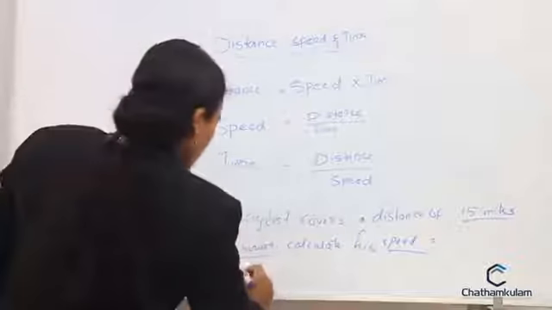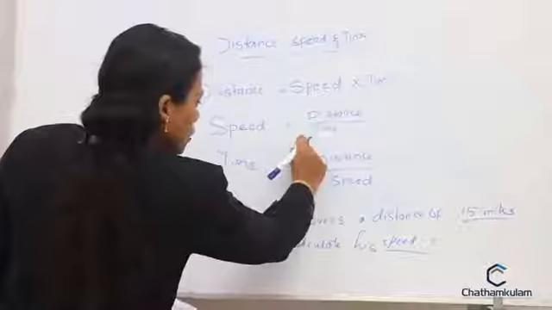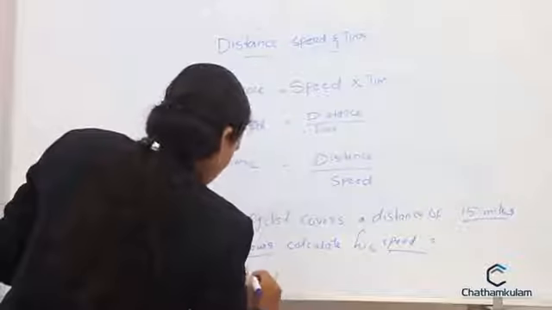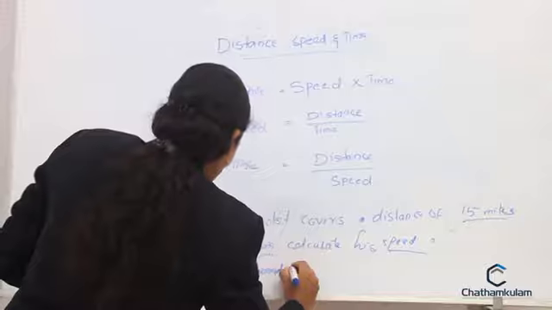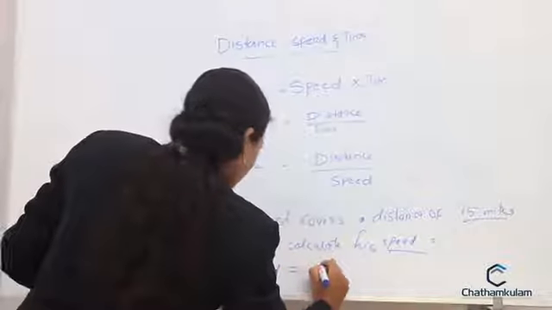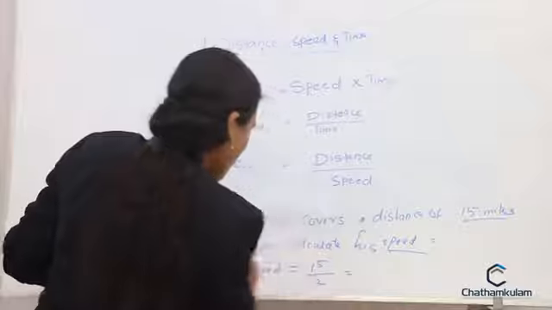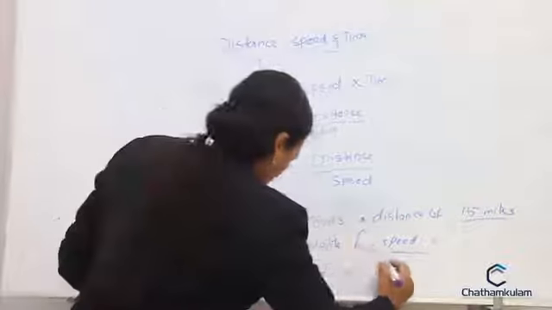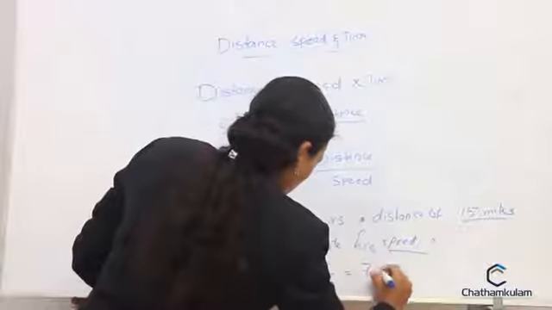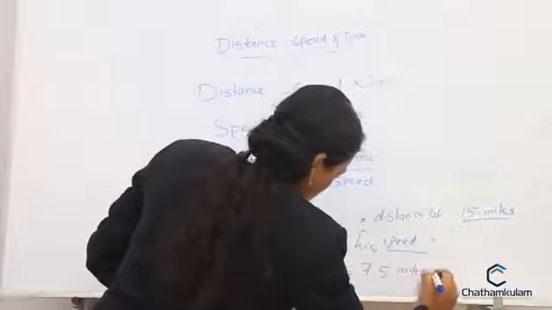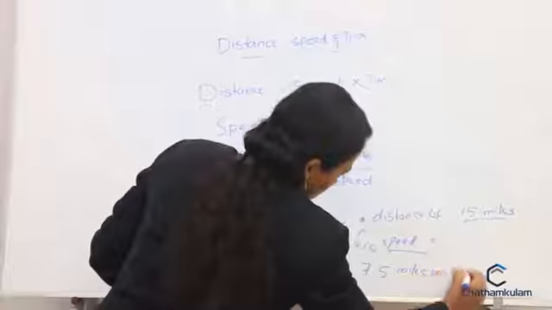So here speed equals distance divided by time. Speed equals 15 divided by 2, where 2 is our time in hours. So we will get 7.5 miles per hour.